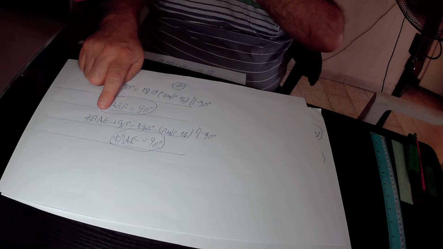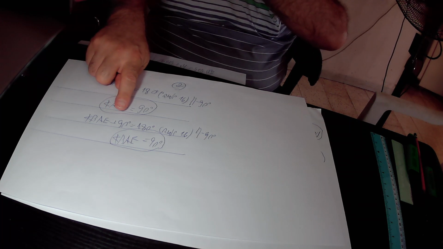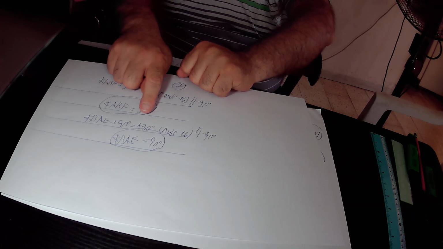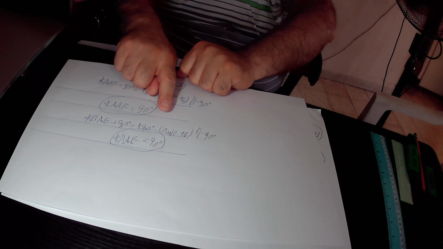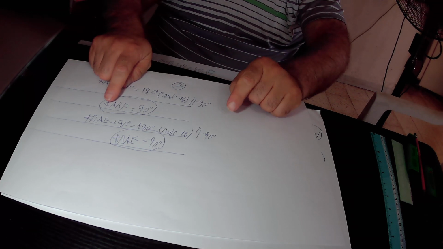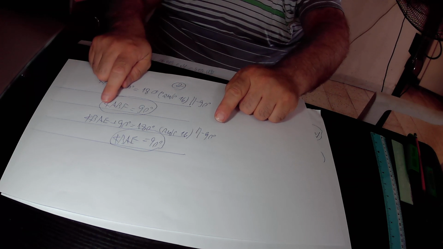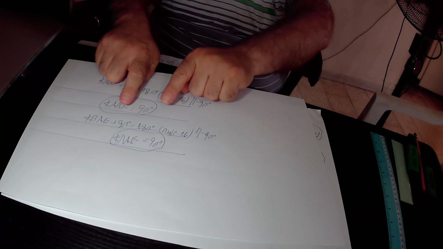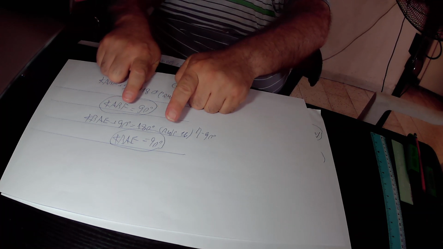So the missing angle BAE plus the other angle, 90 degrees, is equal to 180 degrees according to rule 16. Here we subtract 90 degrees from this equation and finally find that the missing angle BAE equals 180 degrees minus 90 degrees, which is 90 degrees.